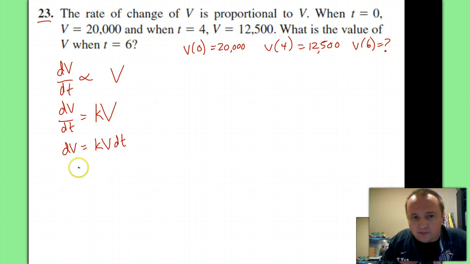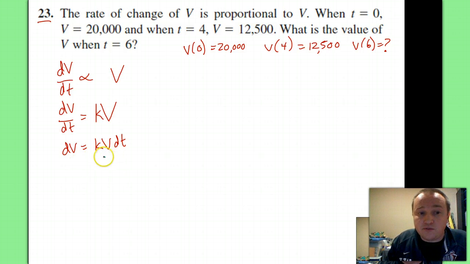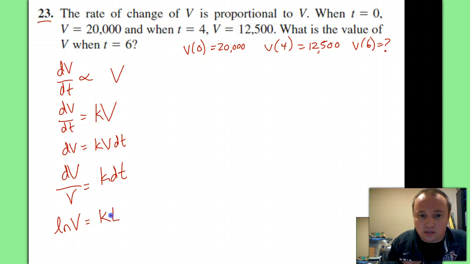Okay, so if I take the antiderivative, assuming I have to move it over, so I have dv over v equals k dt. So if I take the antiderivative, I get natural log of v equals kt plus c. So v equals e to the kt plus c.